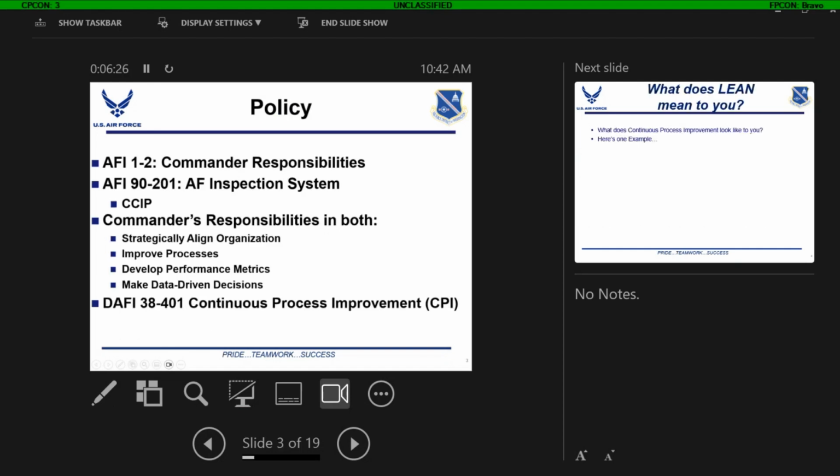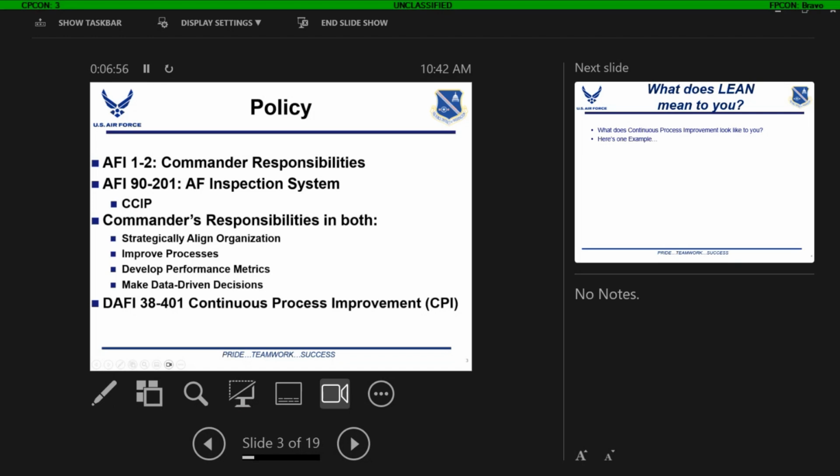For policy, CPI is governed from a number of different requirements, starting with AFI 1-2, the commander's responsibilities. We are also included in AFI 90-201, the Air Force Inspection System, which is where you will find the Commander's Inspection Program.